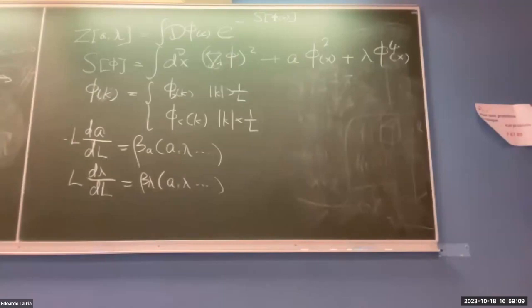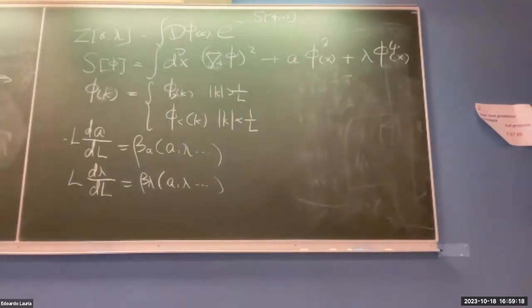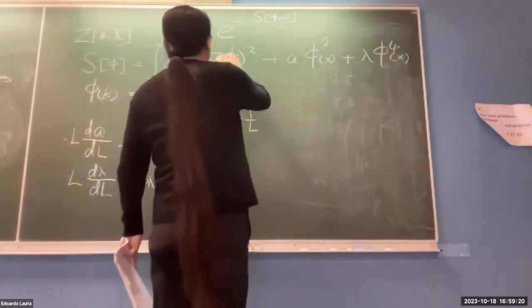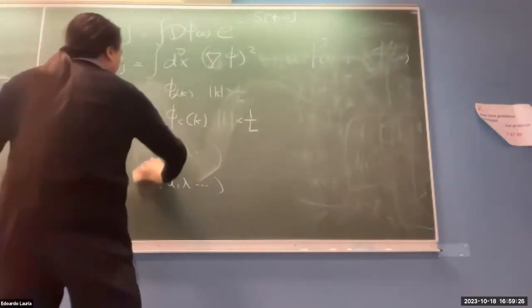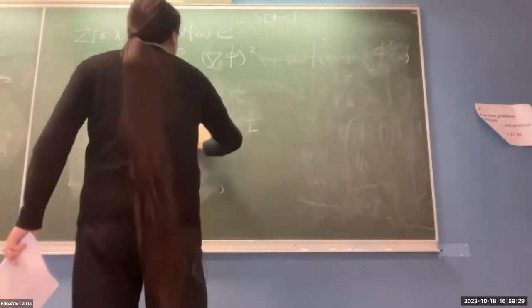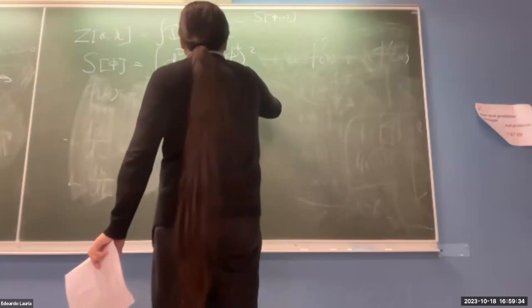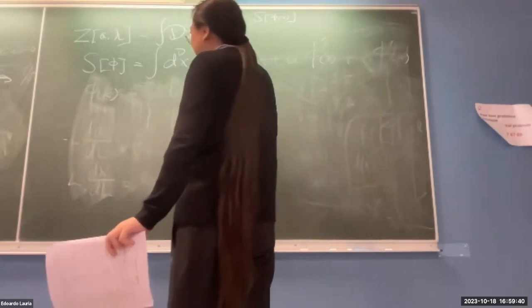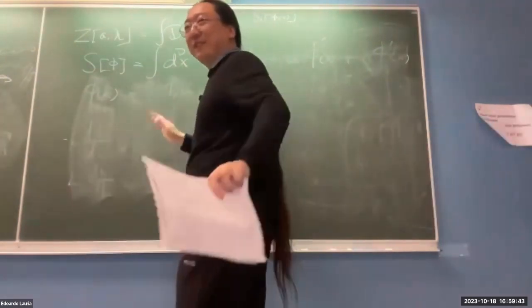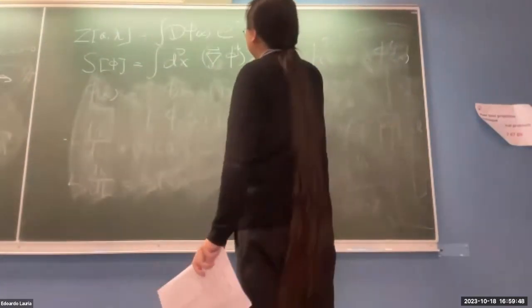So I'm going to consider not just one scalar field, but many different copies of scalar fields. I'll change my action. My hope is that this is a long project. Maybe in 2 or 3 years we can do that.